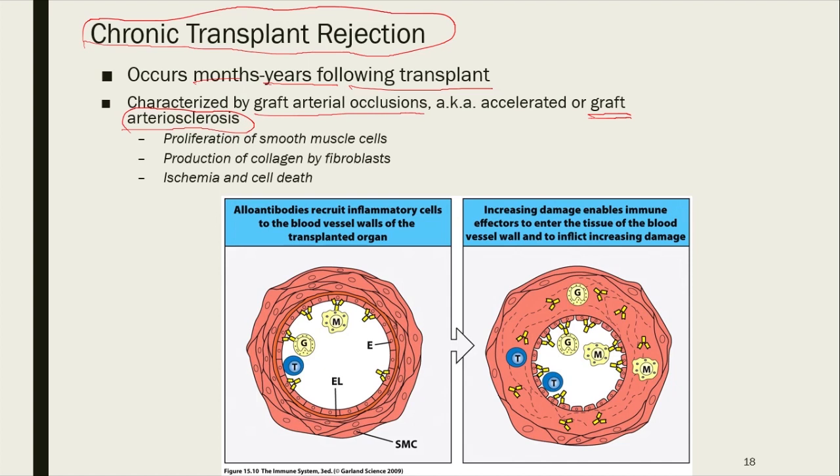What really happens is that these blood vessels carry the donor HLA, and slowly they begin to recruit inflammatory cells to the area. Infiltration of macrophages makes the blood vessels proliferate, basically thickening, and fibroblasts start producing collagen, eventually narrowing the lumen of the blood vessel that supplies blood and nutrients to the donor organ.